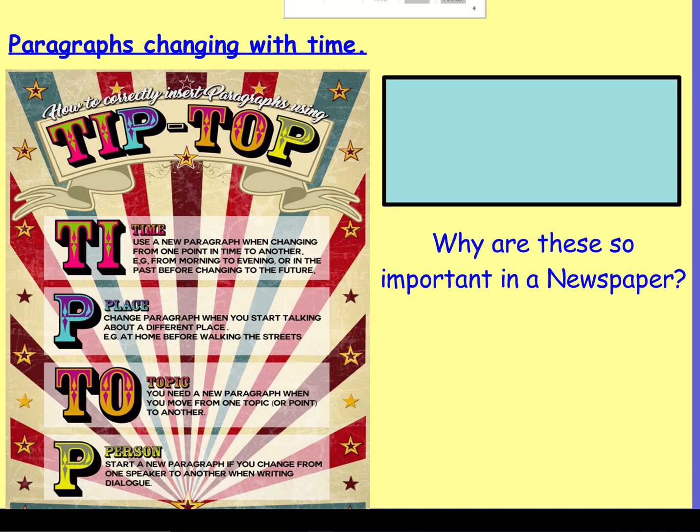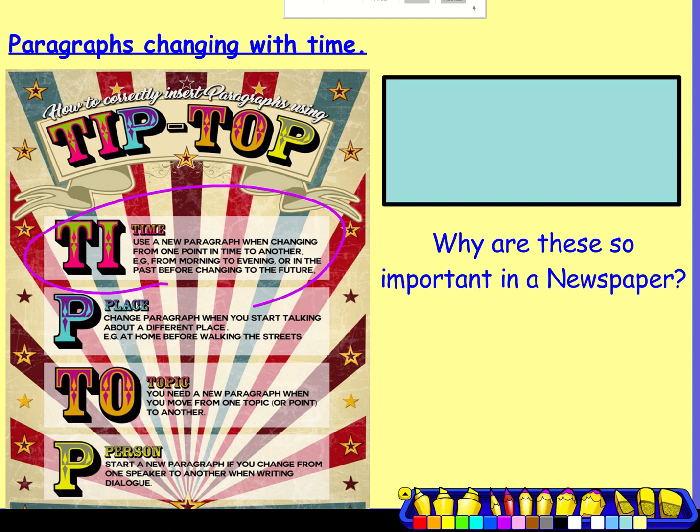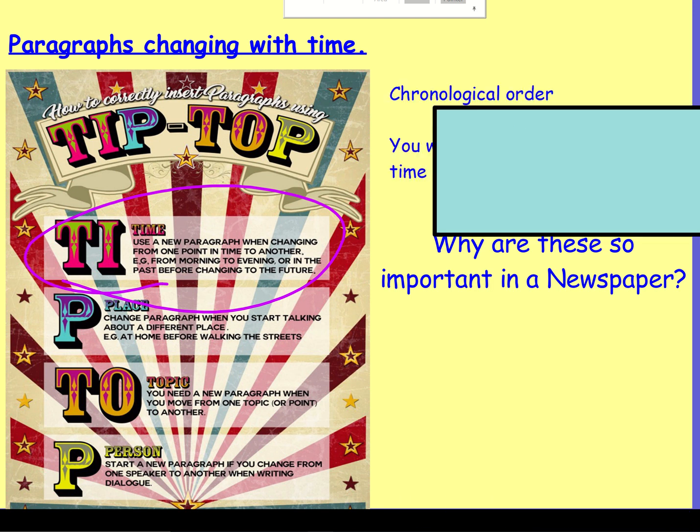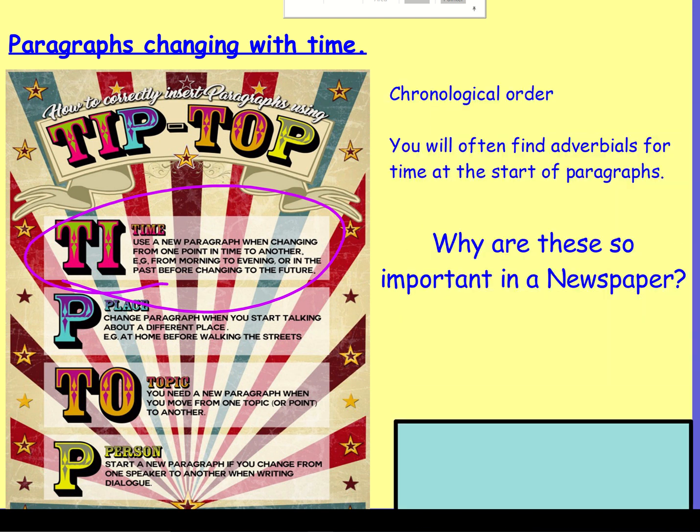Okay, remember there's 4 reasons why you change paragraph: for time, place, topic and person, but we're on this one at the moment just for time. So therefore, most likely paragraphs will start with time adverbials, and it will also be in chronological order. Remember that word, we've looked at it before, the order that the events actually happen.